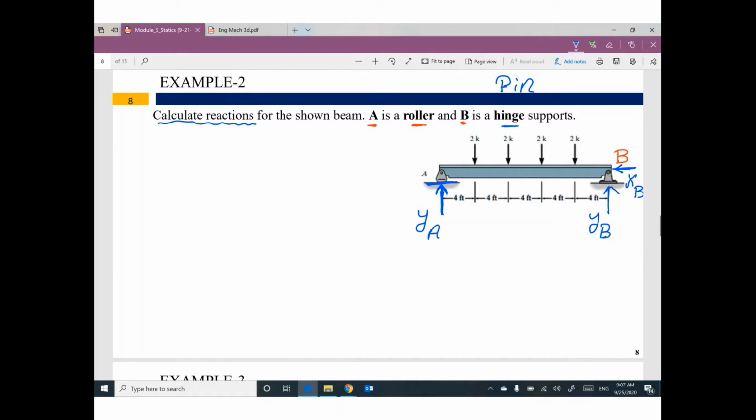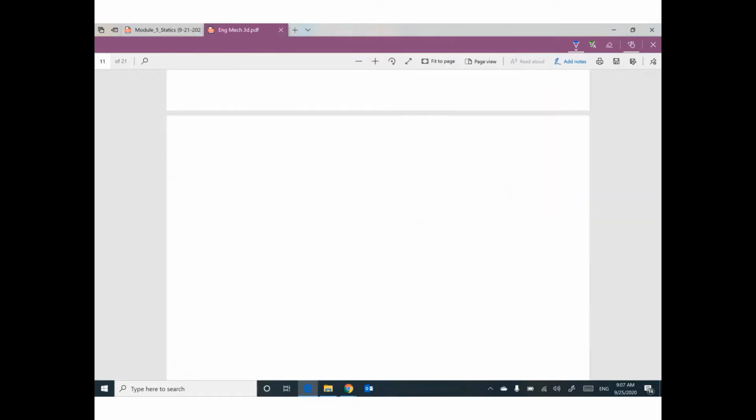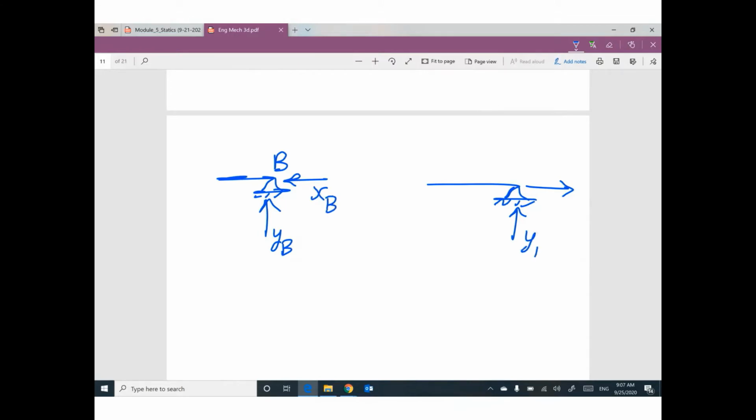Guys, to remind you, you can assume any direction as you like. For support B, for example, you can assume your reaction like this and like this, or like this and like this. It's up to you, but we need one horizontal and one vertical. The vertical one is called YB, the horizontal one XB.